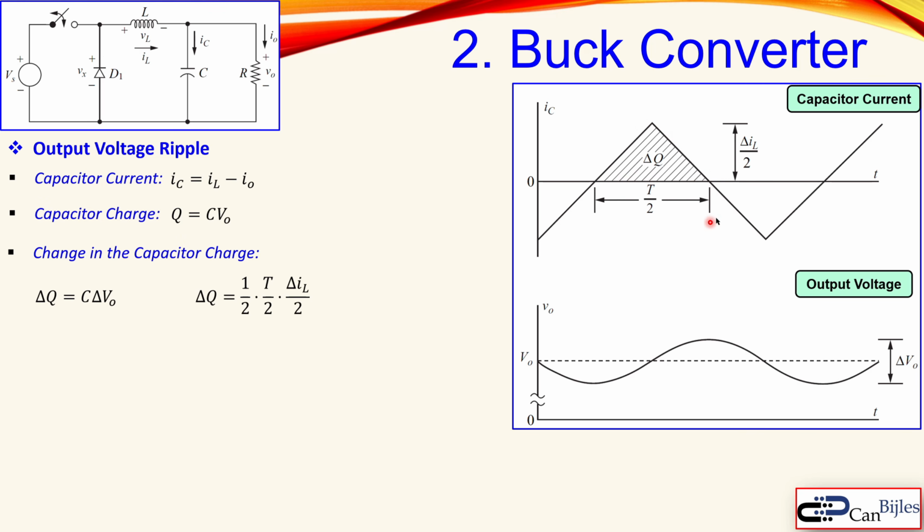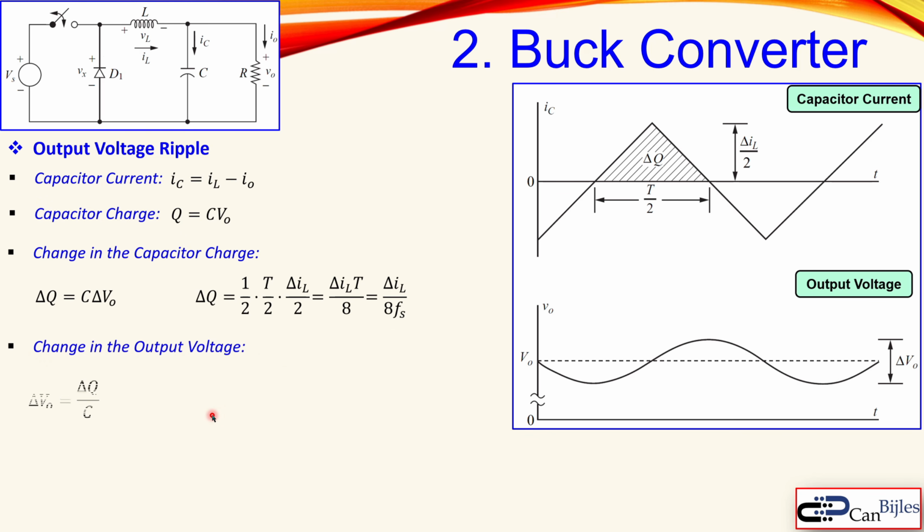You can see here that the height is the peak of the inductor current over 2, and this width here is half of the period. So the triangle area is a half times half of the period times half of the peak inductor current. That's shown here. That can also be written like so. Now we will use this in this formula. We can also write T in here, where 1 over T is the switching frequency.